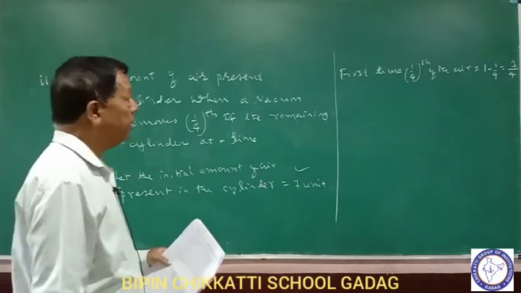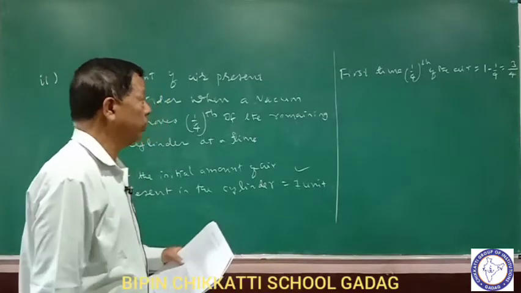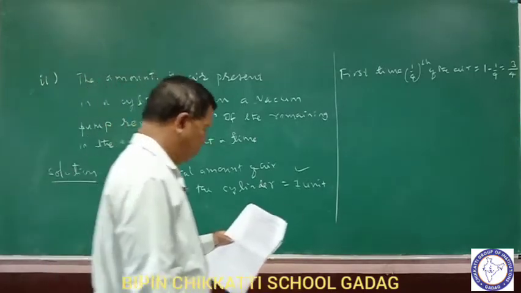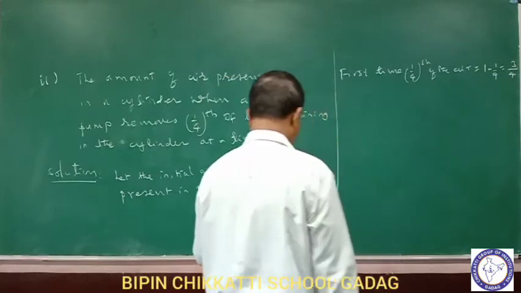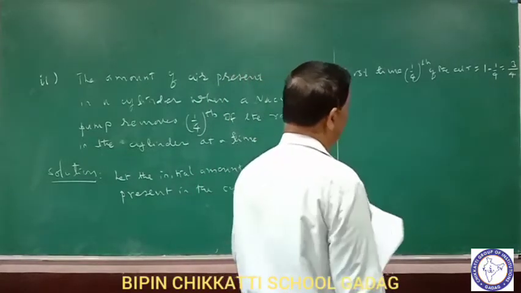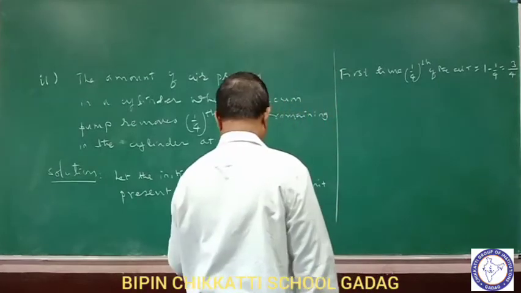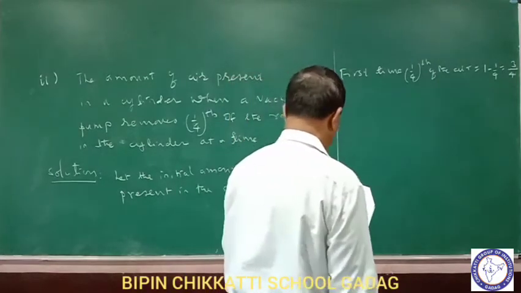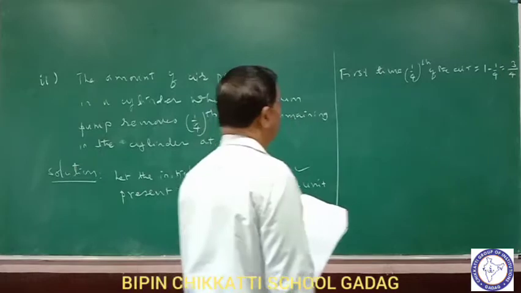Next, again you have to apply 1/4. The amount of air remaining is 3/4 in the cylinder.